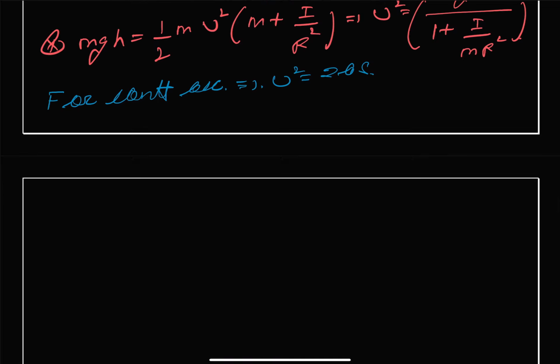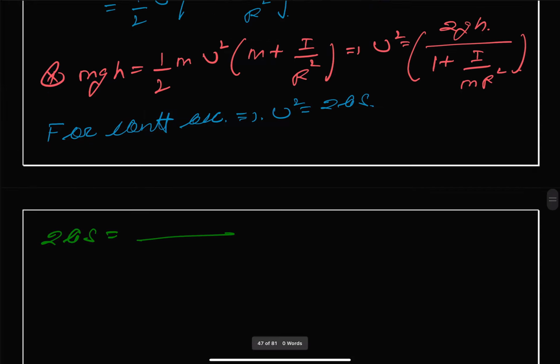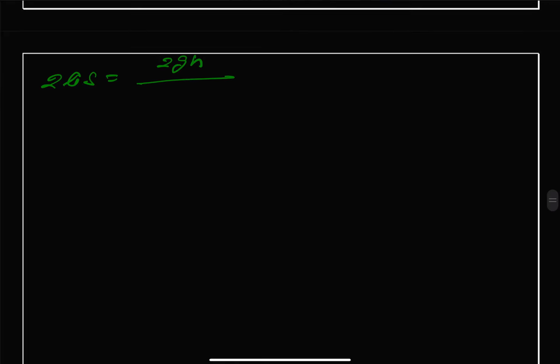So we get that 2as is equal to 2gh divided by (1 plus I upon mr square), and h is equal to s sine theta.